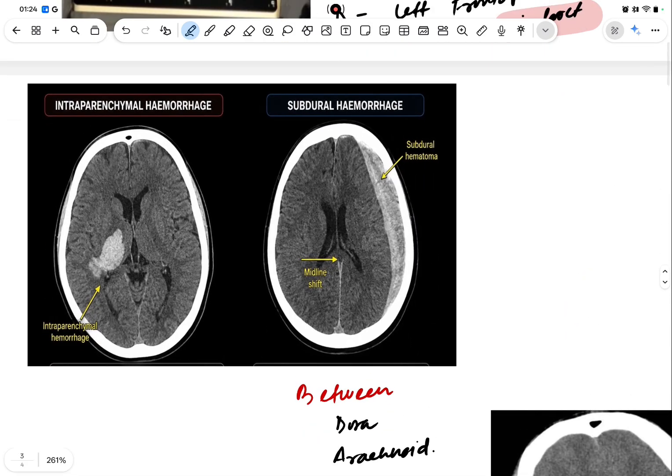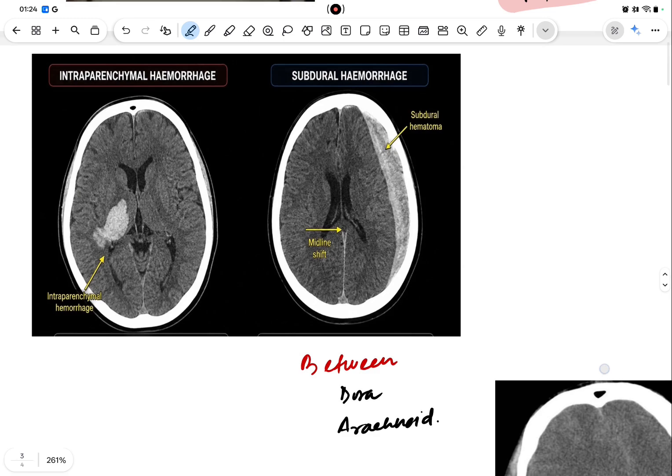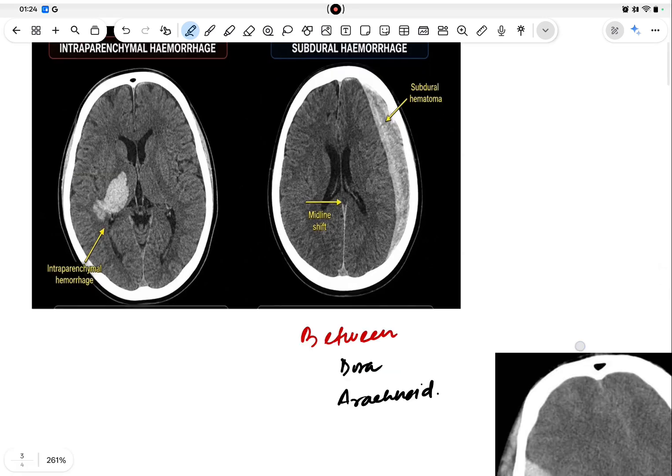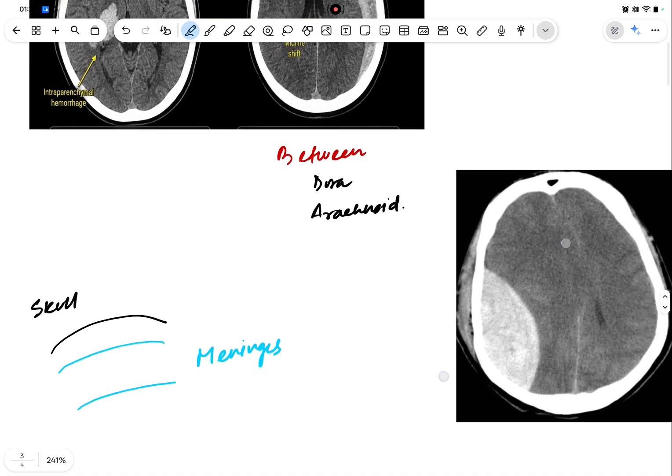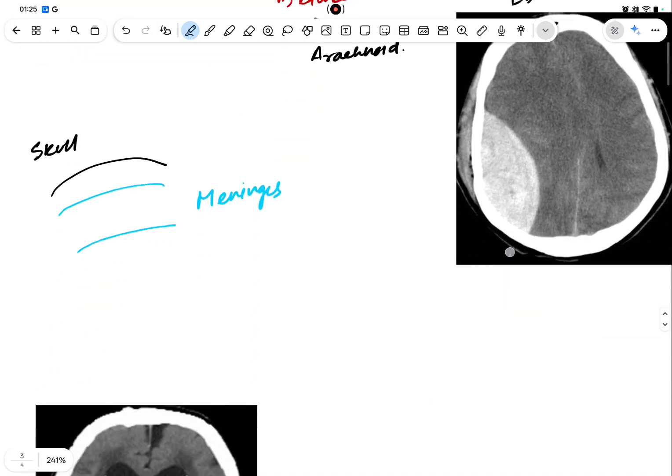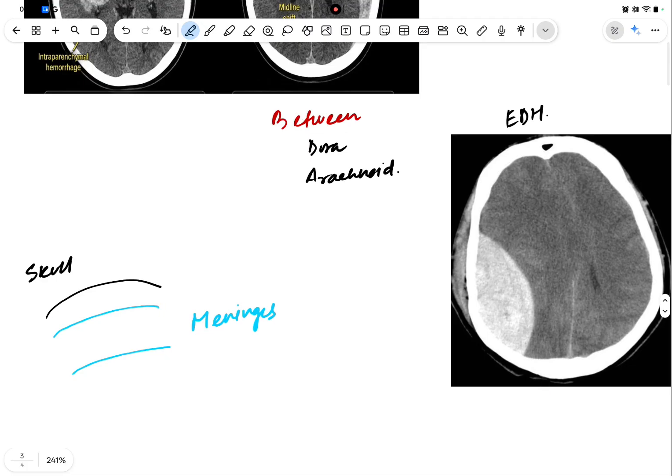So other important examples are intraparenchymal hemorrhage and subdural hemorrhage, as well as extradural hemorrhage. So let us now see the skull. This is the skull. Beneath the skull lie the meninges. Meninges has three layers.